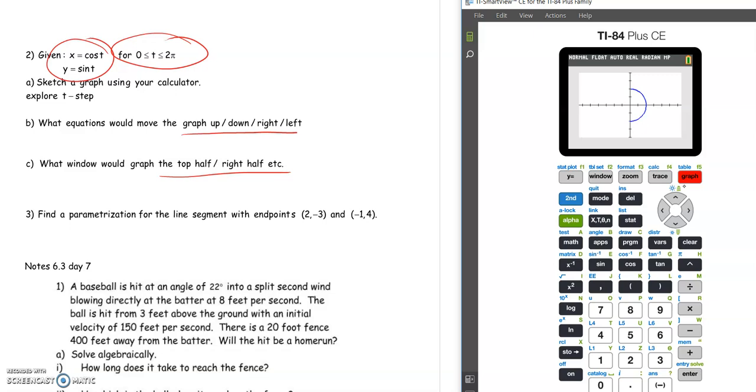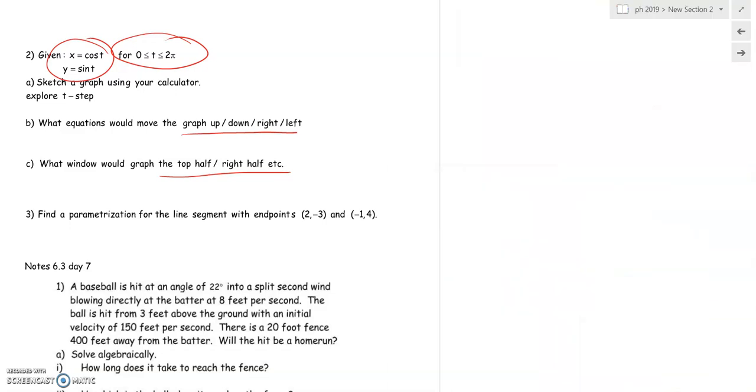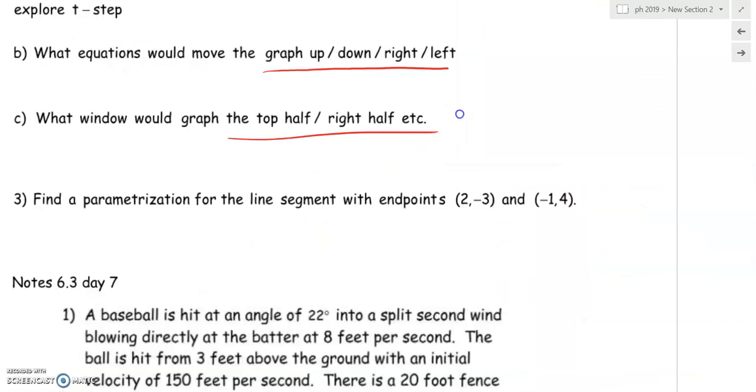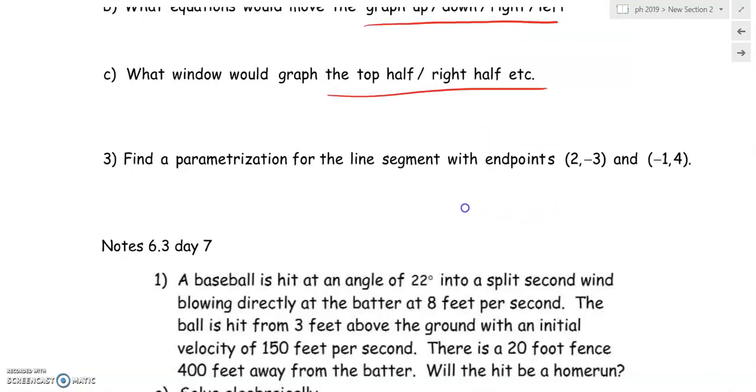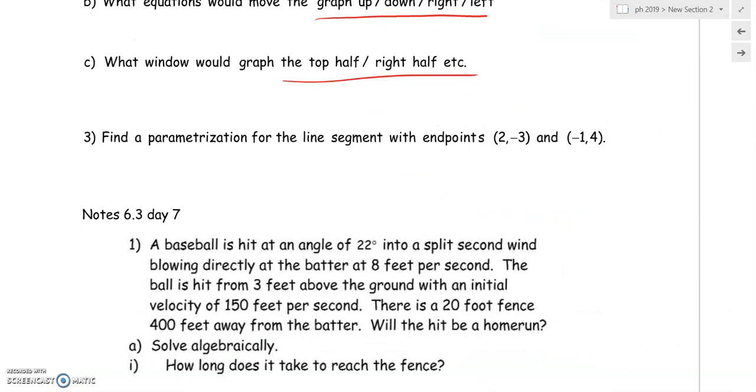Okay, so we're going to stop with the calculator for a little bit. We're going to do one more example. What about number 3? If I wanted to make a parametrization of the line segment, first of all, why don't we just start writing a regular equation? If I wanted the slope, I get -7/3.